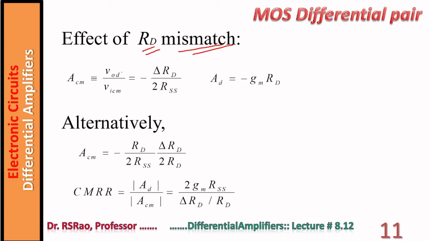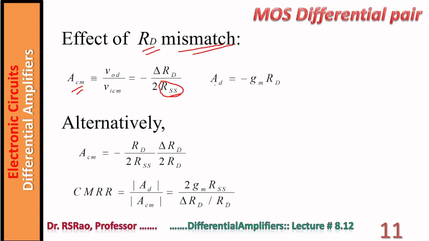In such case, it can be shown that the common mode gain ACM is V0D by VICM. It is equal to minus delta RD by 2 RSS. Here notice this RSS is the internal resistance of the current source that is connected to the source terminals for biasing purposes.